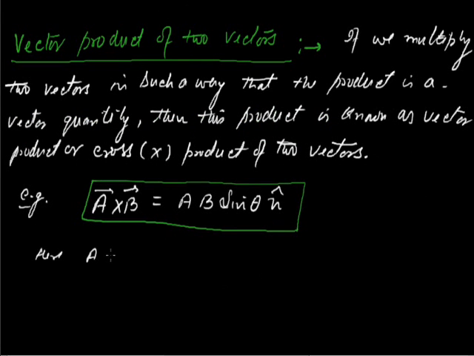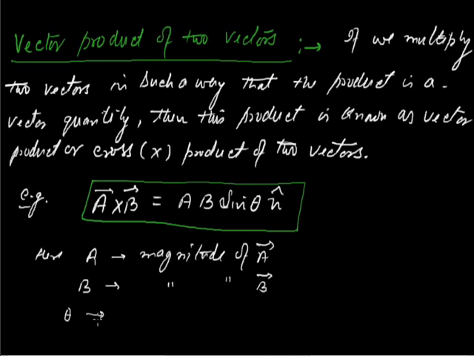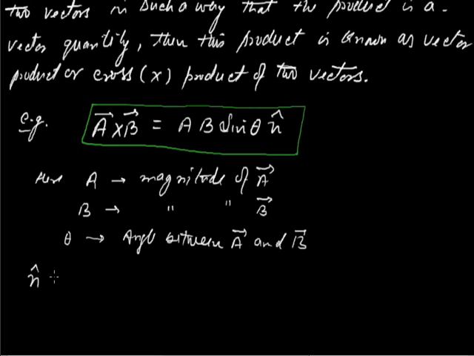Here A is the magnitude of vector A and B is the magnitude of vector B. Here theta is the angle between vector A and vector B. Here n cap is the unit vector along A cross B. It shows the direction of A cross B. The direction of A cross B is given by the right hand rule.